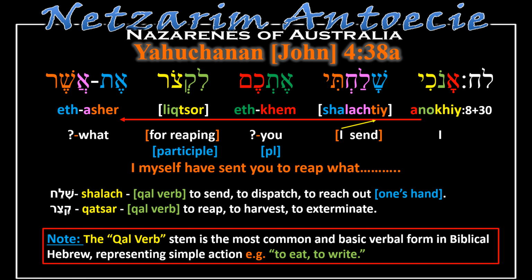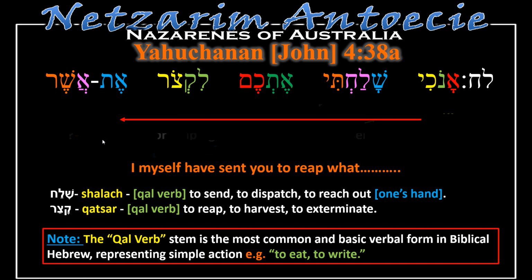Some will translate it to reap, right? But it can also be for reaping as a participle. Et, sher. Grammar marker what. For reaping what? And so the translation is, I myself have sent you to reap what? And now we read it.